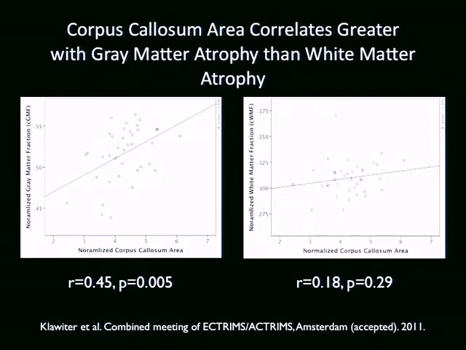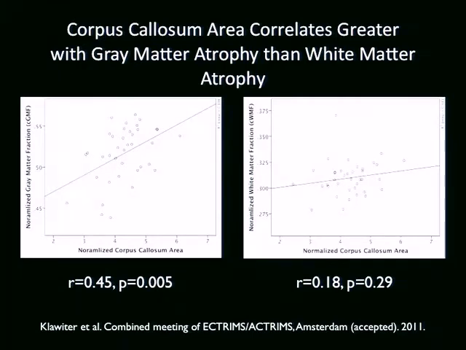So in addition, we correlated the corpus callosal area with each of the global atrophy measures. So looking at gray matter atrophy and white matter atrophy in comparison to corpus callosal area.